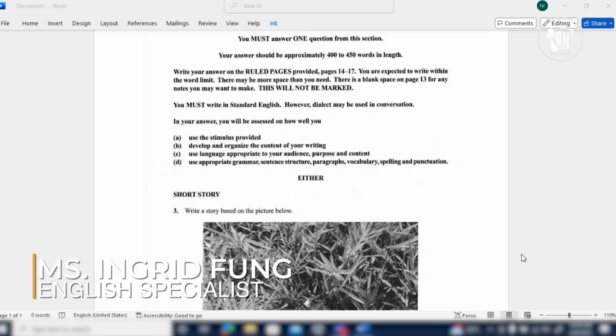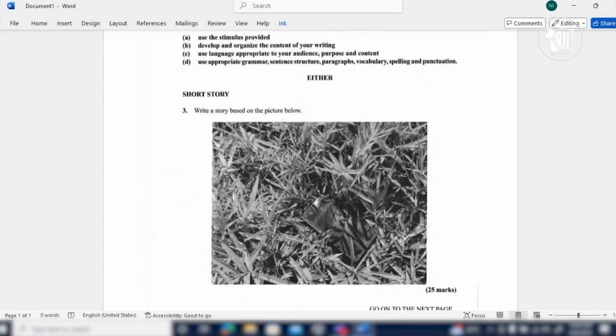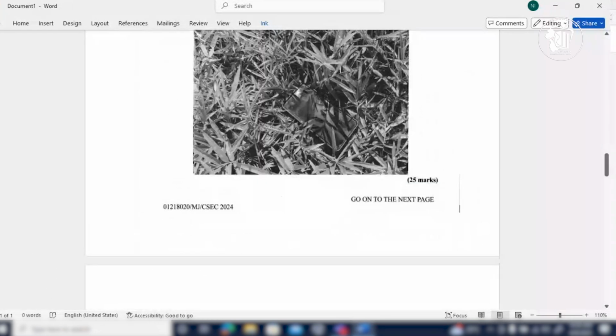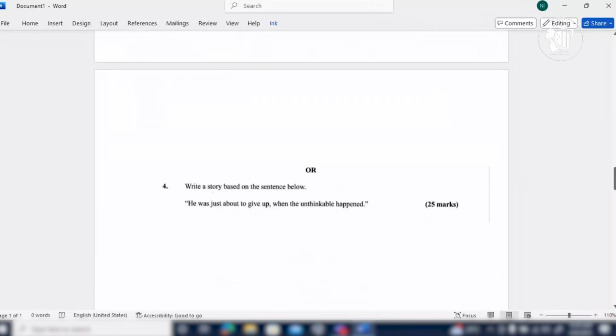So there we see we have two questions. We have a picture, and then the other one, if we go a little more, yes, write a story based on the sentence below. He was just about to give up when the unthinkable happened.